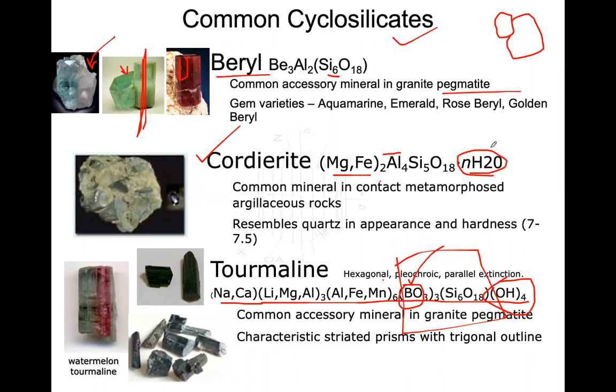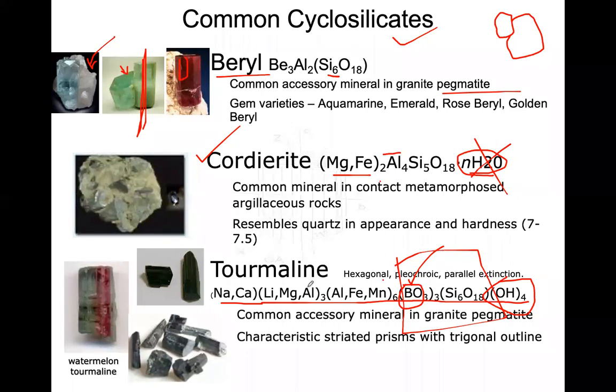It's not part of the structure, because we call it adsorbed water, right? Adsorb, not absorb, adsorb, A-D-S-O-R-B, adsorbed water. It can be easily removed by very gentle heating. Also it's not essential to have in the structure. That means if no water is there, cordierite can still be formed, right?